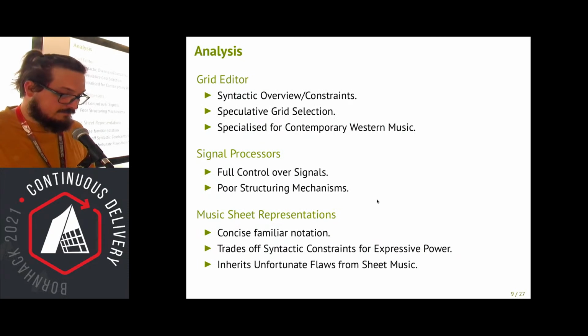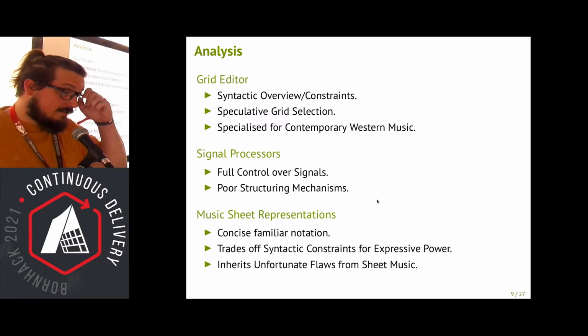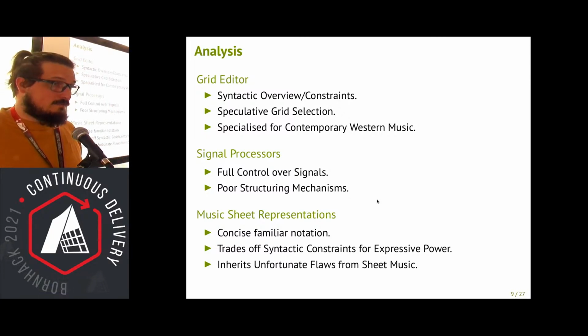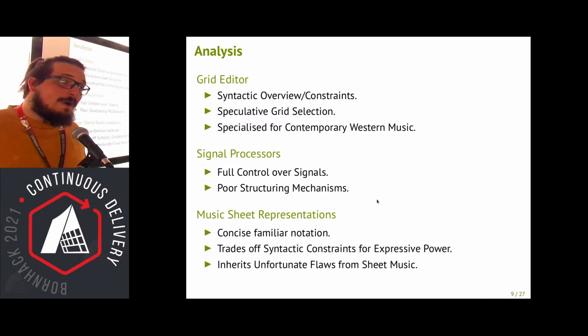To summarize, we have 3 categories of ways to input rhythms into computers like this. The grid editor has some pros. The main pro, I think, is that it gives a good syntactic overview. With this grid editor, you have an overview over the whole bar, and you cannot input something that's slightly longer than the bar or combine things that will do something unexpected.